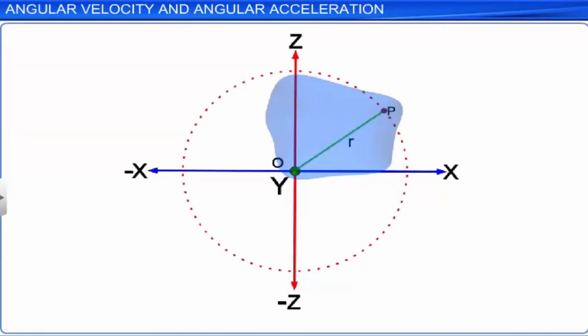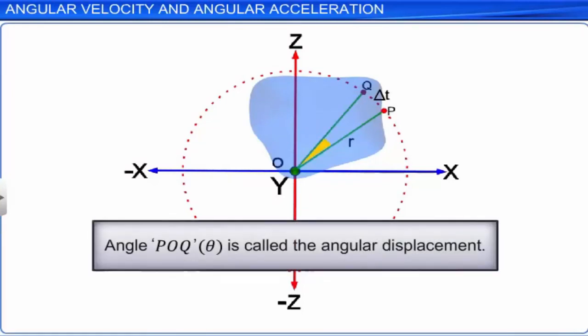While the rigid body is in rotational motion, if the position of the particle is changed from P to Q during a small interval of time, delta t, then the angle POQ is called the angular displacement. In the SI system of units, angular displacement is measured in radian.